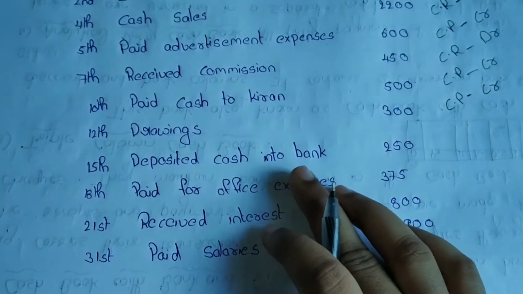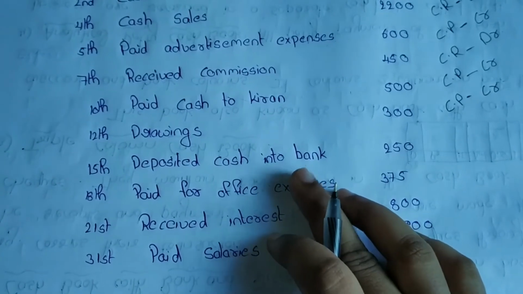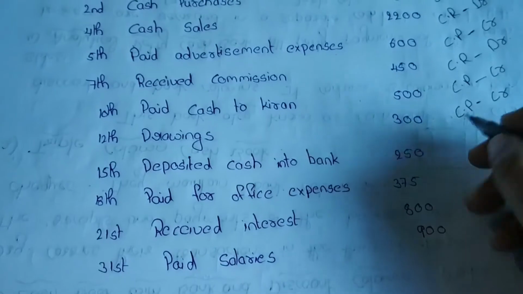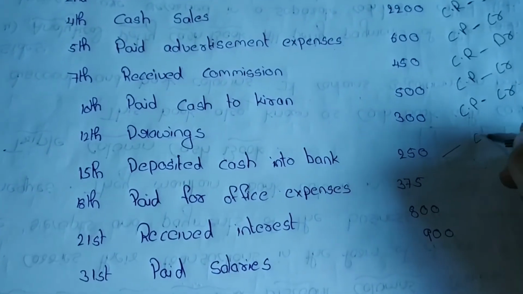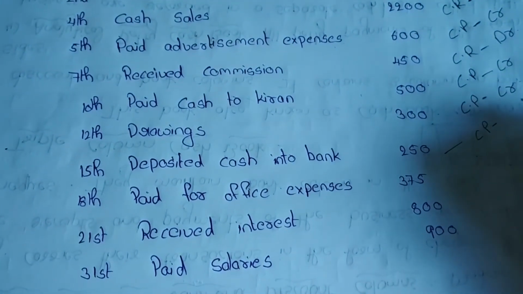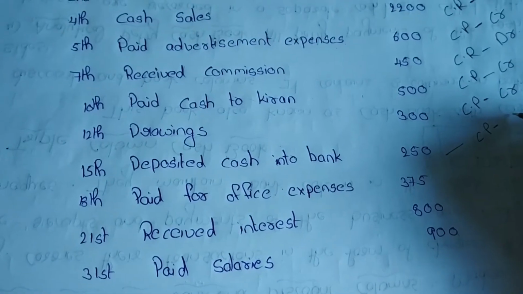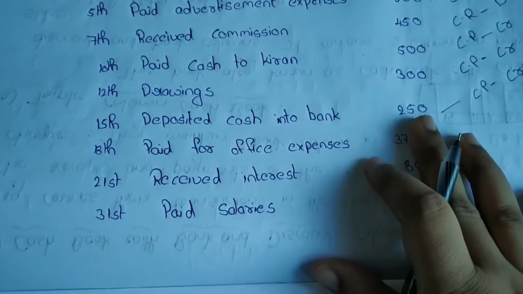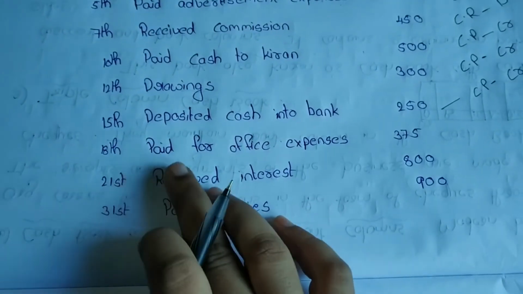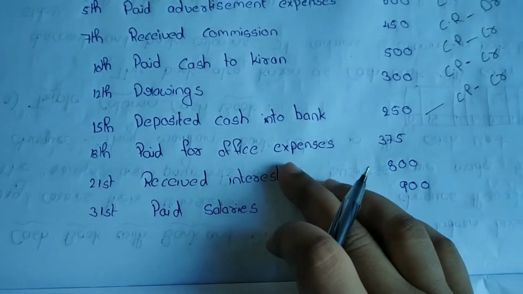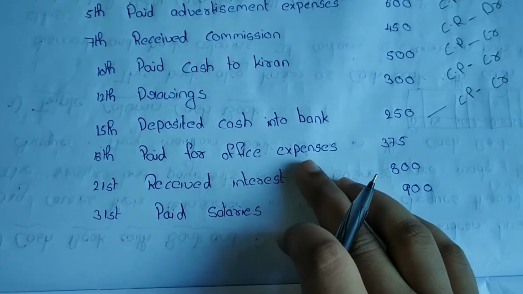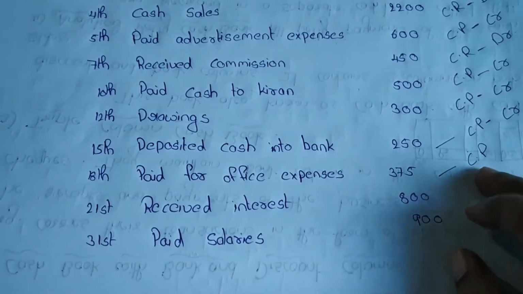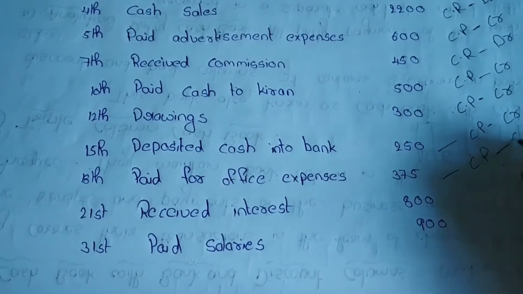When we deposit cash into the bank, cash goes out from our business and the bank receives cash. So it was a cash payment and should be recorded on the credit side. Next, 18th one, paid office expenses. We paid office expenses in cash, so it was a cash payment. It should be recorded on the credit side.